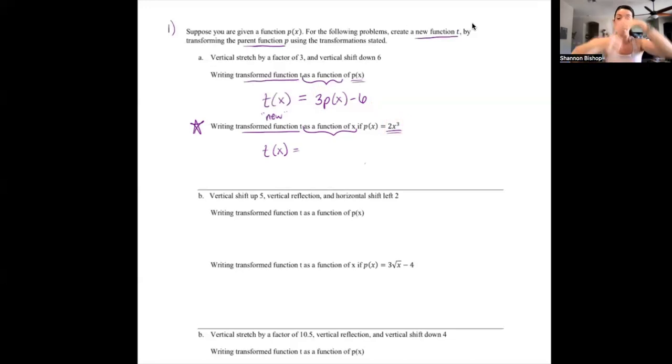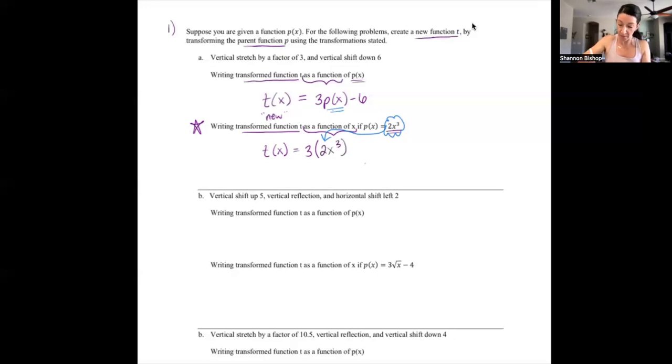Instead, I'm going to reveal to the world what p has been this whole time, and that is a cubic graph. So I'm still going to have my outside multiplier of 3, only now it's going to multiply that entire cubic function. I'm replacing the p of x now with who he really is, and that is a cubic. So 2x cubed.